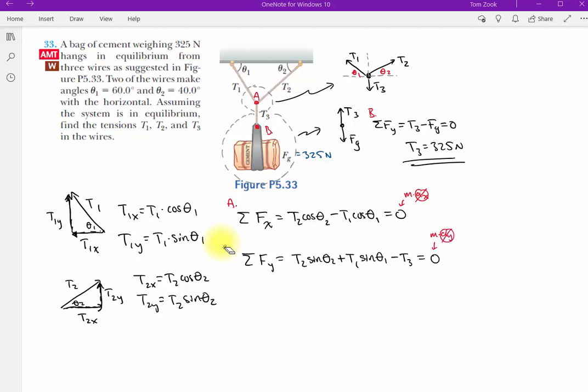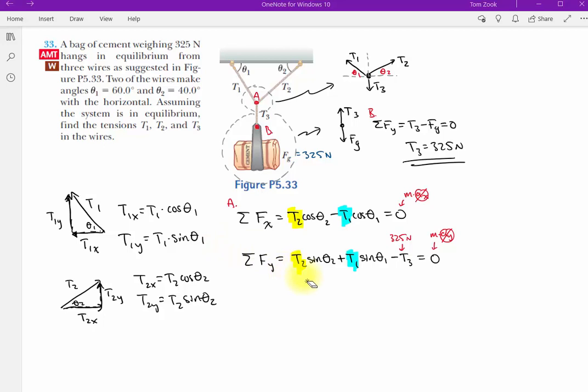Now we have two equations with two unknowns. We've got T2, T1, and we also have T3, but T3 we know is equal to 325 newtons. So at this point it becomes an exercise in algebra.